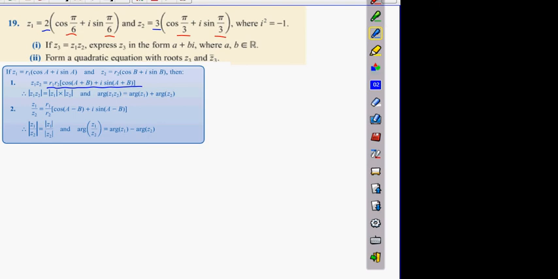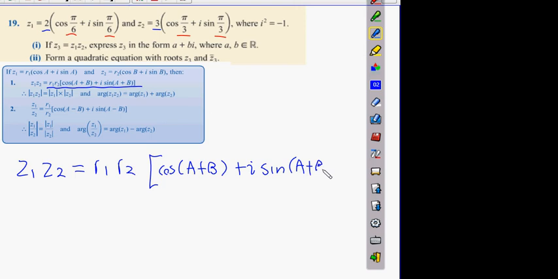Okay, so the formula is any two complex numbers multiplied by each other when they're in polar form is R1 multiplied by R2, and then it's going to be cos of the two separate angles added together plus i sine of the two angles added together again. So what I do in every question is I make a list of what each thing is.